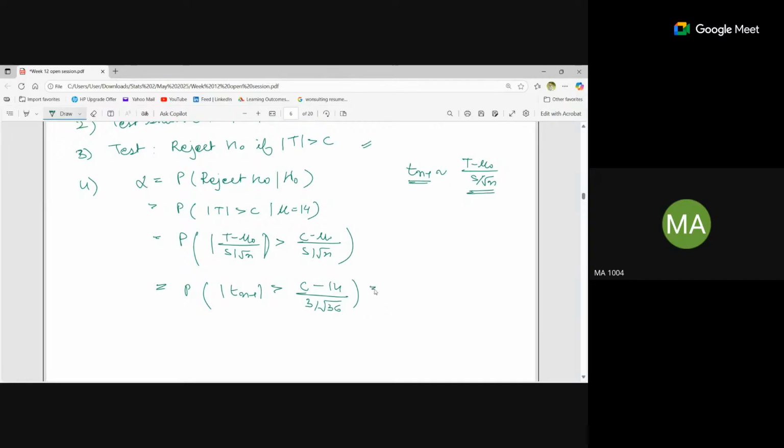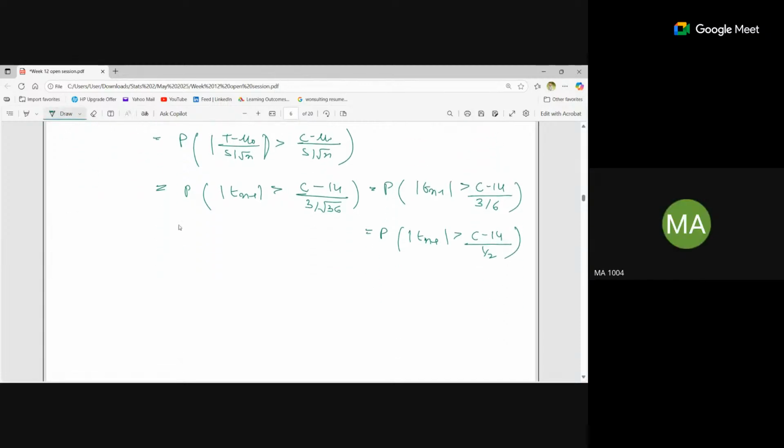So this will be probability of mod of T n minus 1 greater than C minus 14 divided by 3 by 6. This can be written as probability of mod of T n minus 1 greater than mod of C minus 14 divided by 1 by 2. Correct?